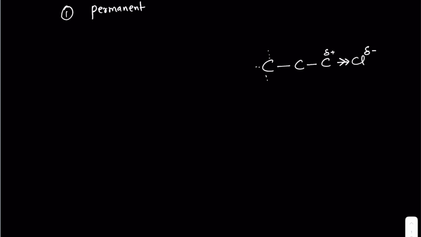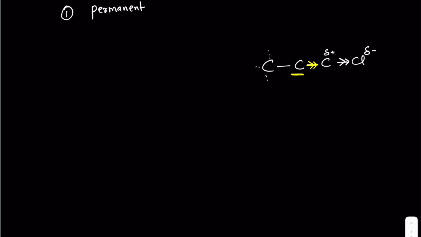What about the carbon atom at this spot here? What will happen to this carbon? Because the carbon atom to the right of it has a partial positive charge, the electrons in this bond will try to reduce that charge, and so they will also move towards the right.